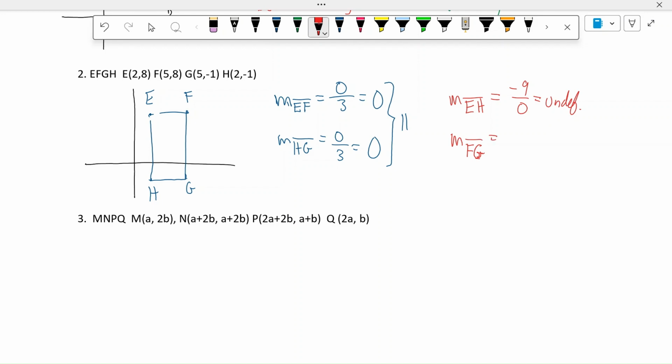So that's going to be -1 minus 8, which is -9. 5 minus 5, which is 0. That is also an undefined slope. So those are parallel to each other. If you have an undefined slope, that means you have a vertical. So we have two horizontal lines parallel to each other, two vertical lines that are parallel to each other. So once again, yes, this is a parallelogram.